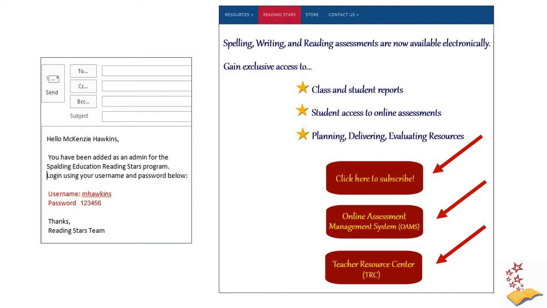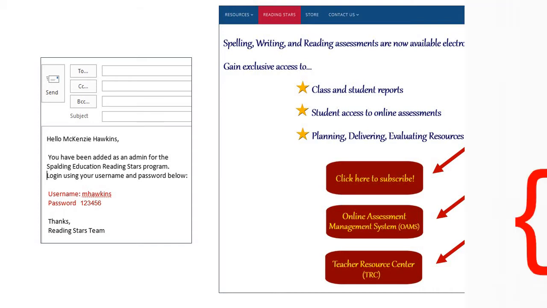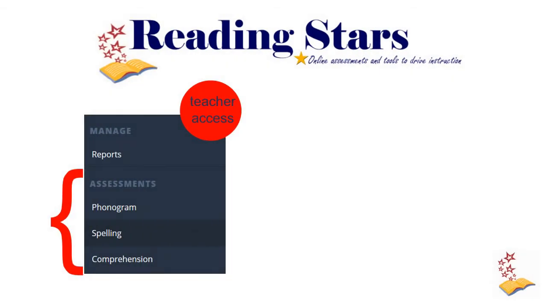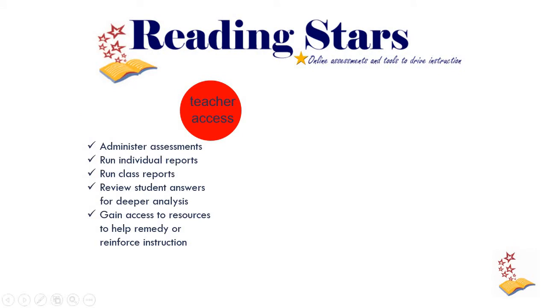Let's start by looking at the Online Assessment Management System, or OAMS. OAMS includes assessments in phonograms, spelling, and reading comprehension, and can generate a variety of reports for each of those assessments. At the teacher level, teachers can administer assessments, run individual and class reports, review student answers for deeper analysis, and gain access to resources to help remedy or reinforce instruction.